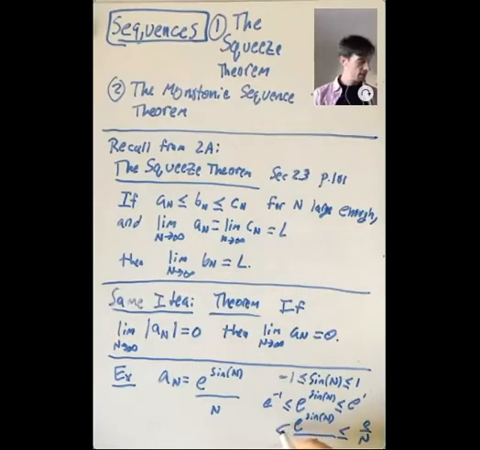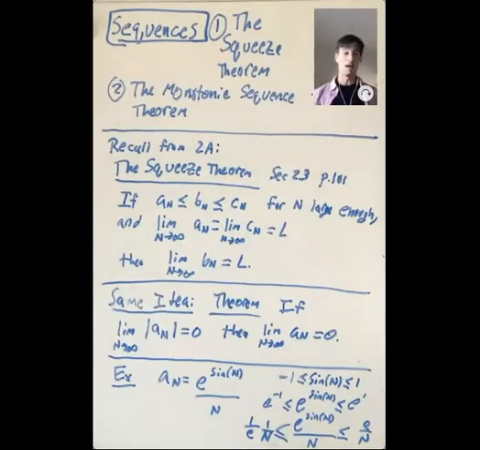But it's at least 1 over e times 1 over n. So now we have 3 sequences that we can apply the squeeze theorem to. We can think of 1 over e times 1 over n as the an sequence, e to the sine of n over n as the bn sequence, and e over n as the cn sequence.